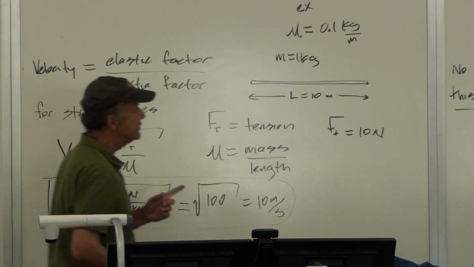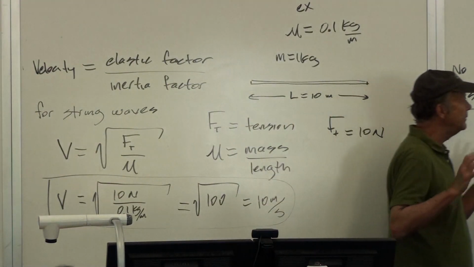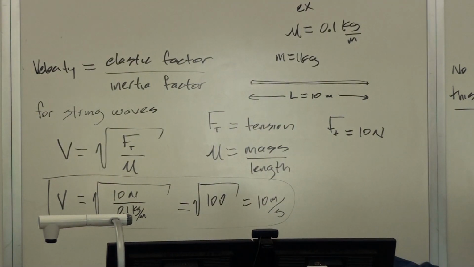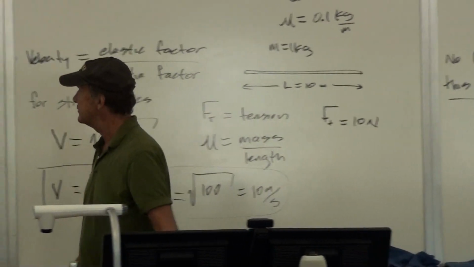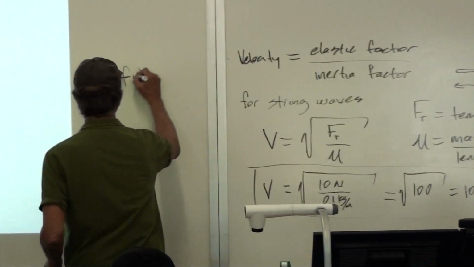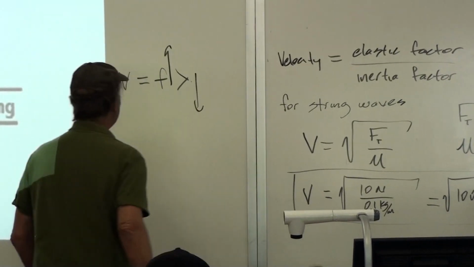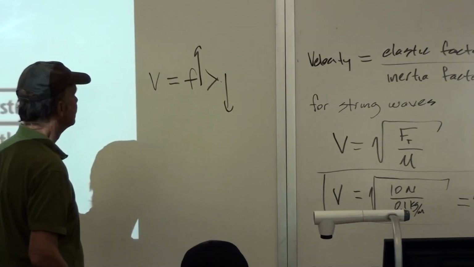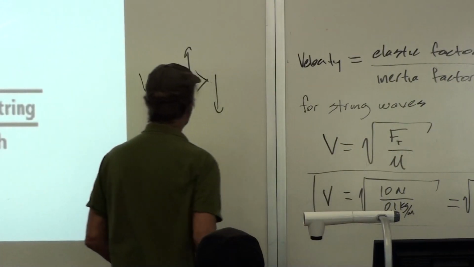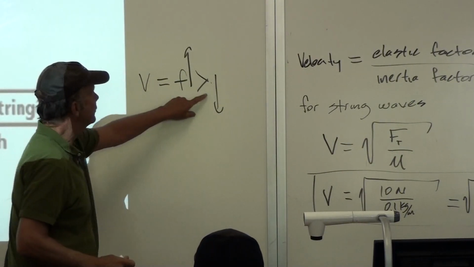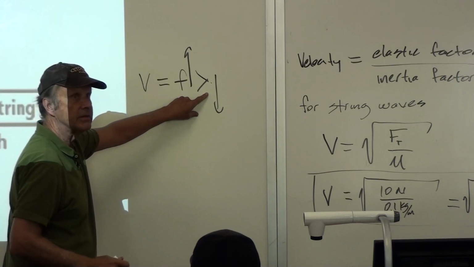Okay, so this is one of the important things, and we need to be able to know what the velocity is. It's important to realize here that it's a function of the properties of the medium. But as long as the properties of the medium remain constant, then the velocity stays the same. So as long as we don't change the tension or the mass per unit length, as the frequency goes up, the wavelength goes down.